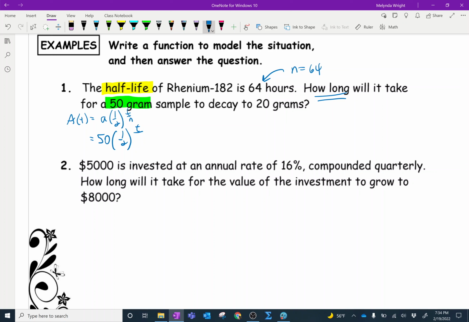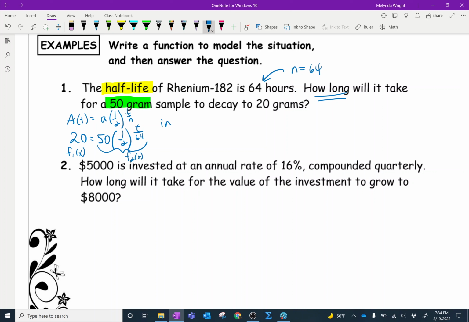Okay. So what I do to solve these, you can use your solver. I don't have much luck with the solver, but you could try it. I'm going to use the grapher. That's my preference. And so this left side would be the F1. I'm going to put this in F1. This whole right side would be F2.